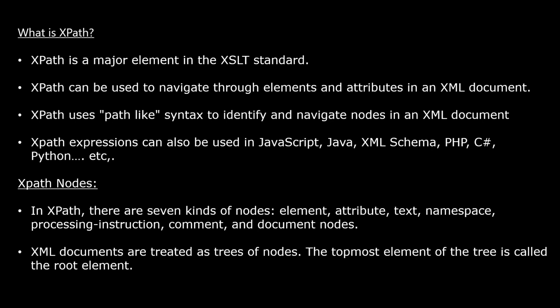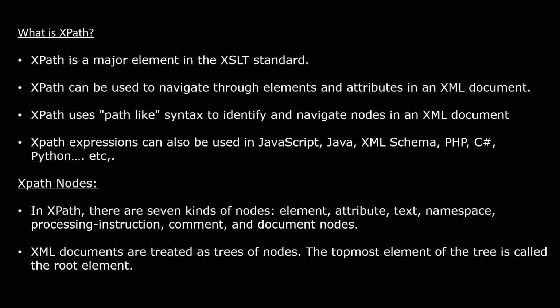First we will discuss what XPath is and what the different nodes are that we can have inside an XML. XPath is a major element in the XSLT standard, and it can be used to navigate through elements and attributes in an XML document.